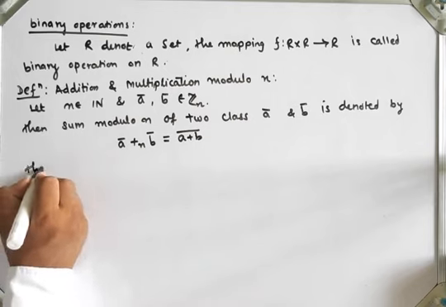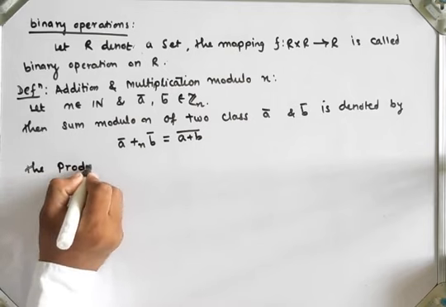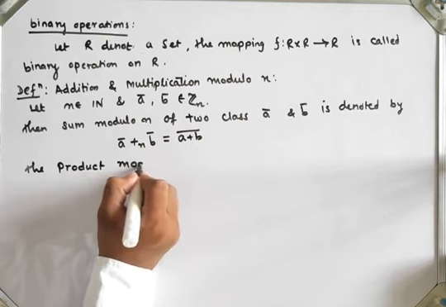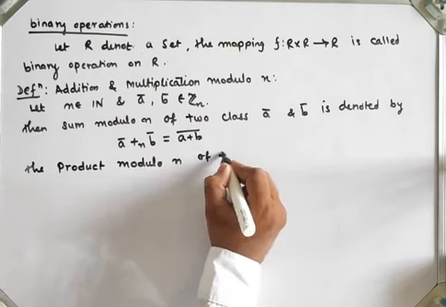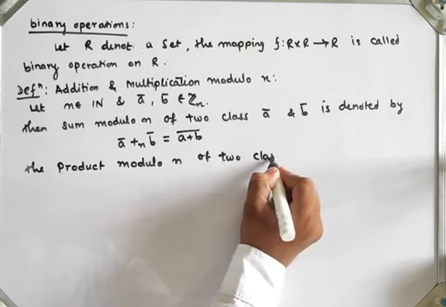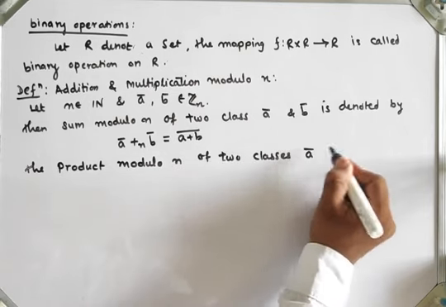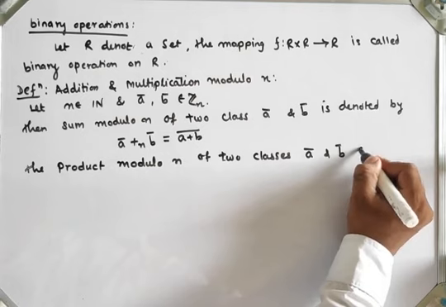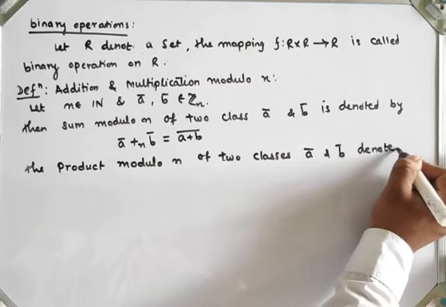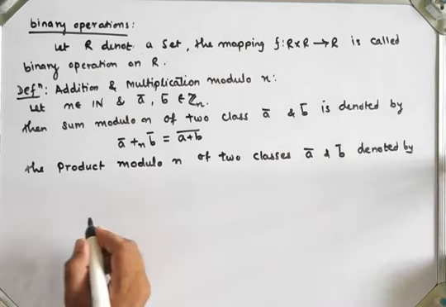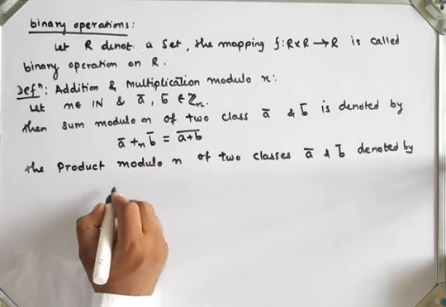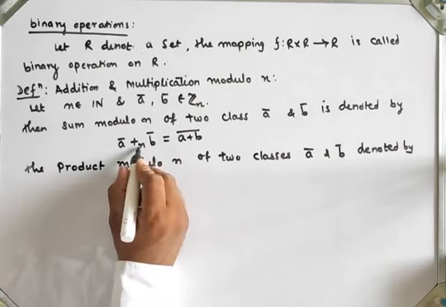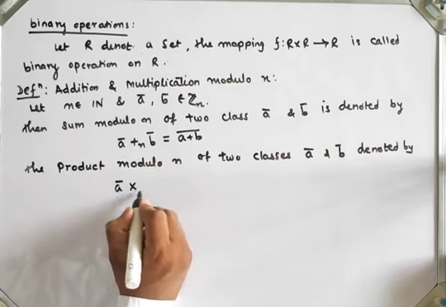And multiplication, which is the product. So the product modulo n of two classes, residue class A and residue class B, is denoted by A bar. So this is multiplication modulo n.